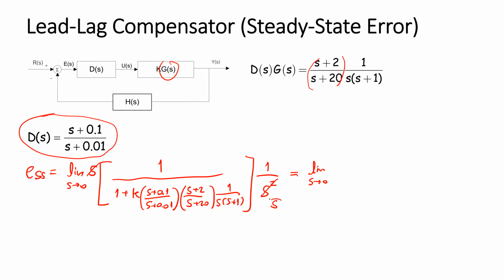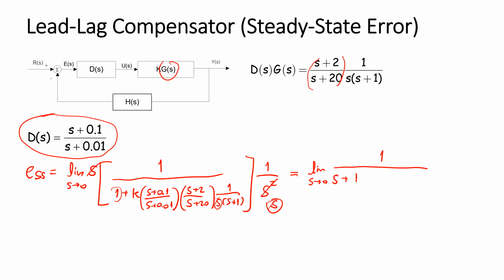Which means we're going to have one S that multiplies all the terms of the denominator. S multiplied by 1. And when this S is multiplied by 1 per S, it's going to cancel.